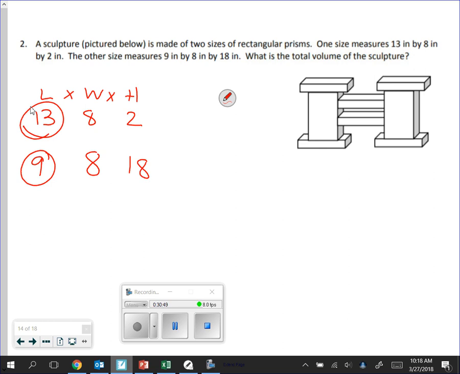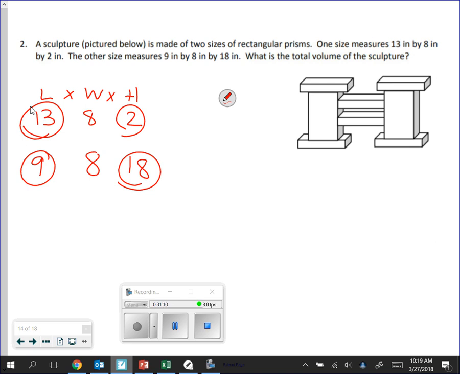Which one would be 18 inches high, and which 2 inches high? Caitlin, what do you think? The 13 and 2 is going to be the smaller one, and then the 9 is going to be the other.